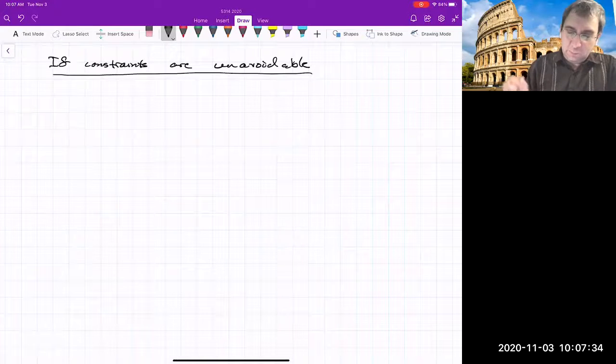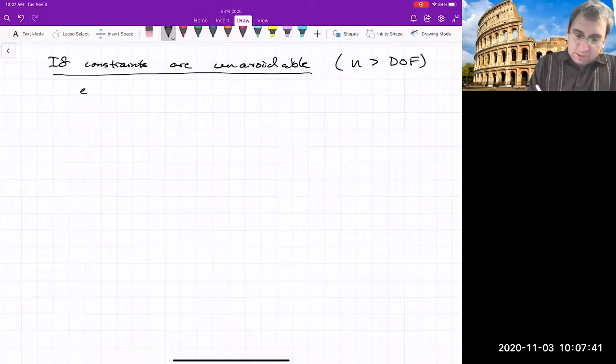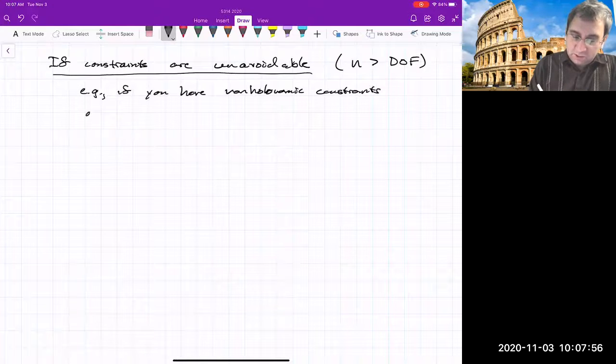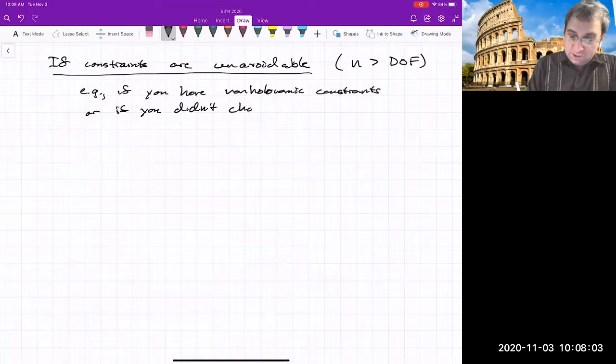So if constraints are unavoidable, this is the case where the number of generalized coordinates is greater than the number of degrees of freedom. For example, this will come up if you have non-holonomic constraints, or if for whatever reason you didn't choose a minimal set of generalized coordinates.